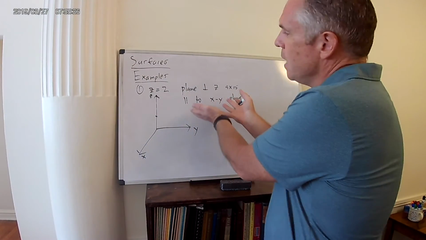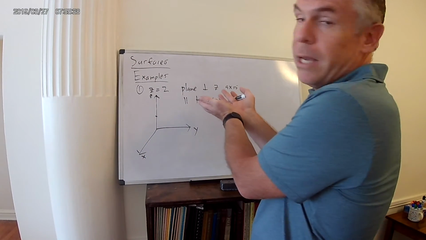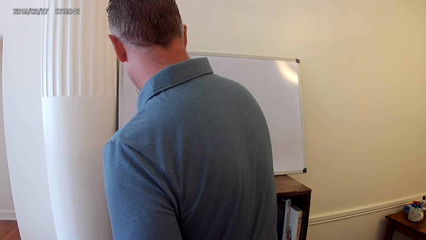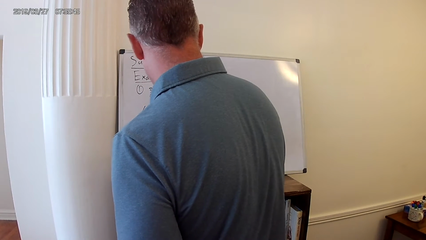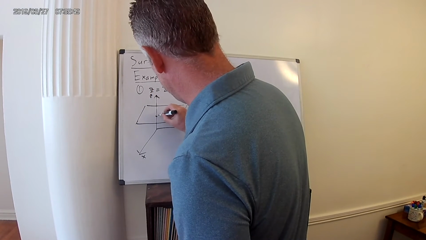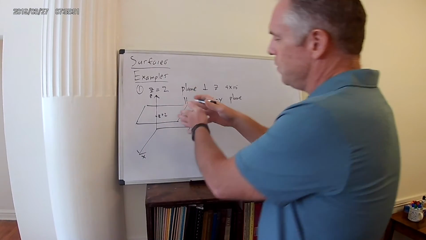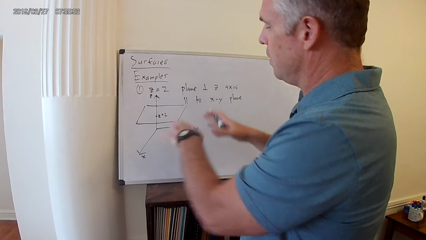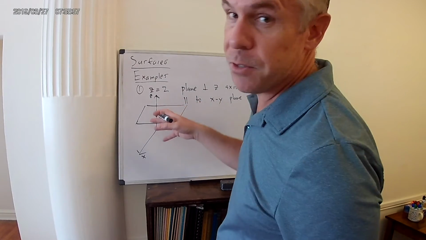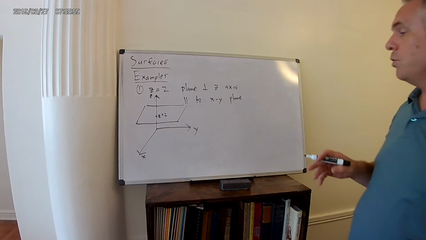So this is like lifting the xy plane up 2 units. And so we can try to draw this plane here like this. And imagine this is z equals 2. So this is a plane that extends out to infinity, that's parallel to the xy plane, perpendicular to the z-axis, passing through the point z equals 2.